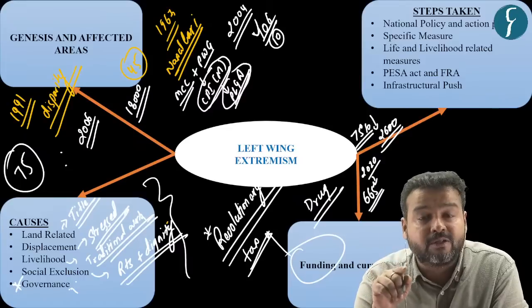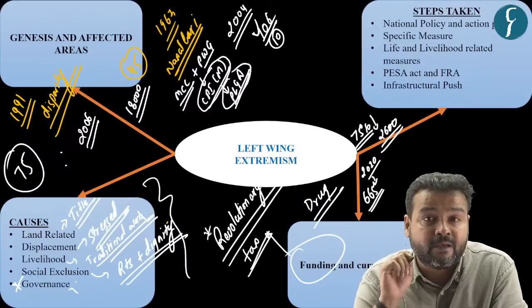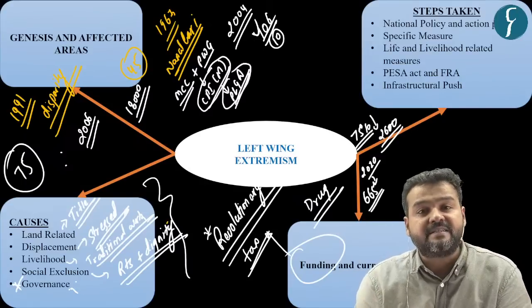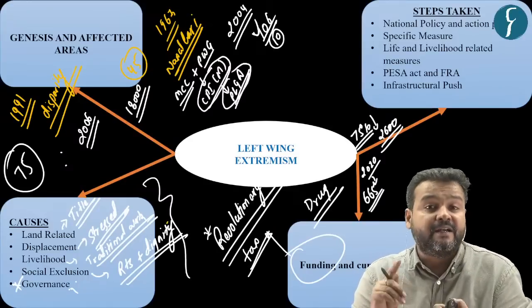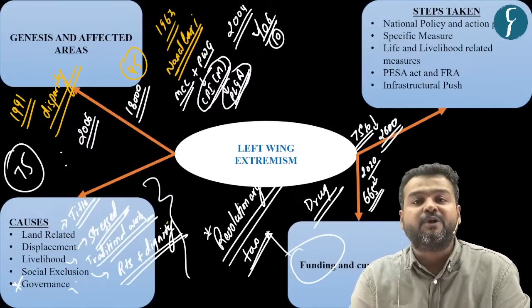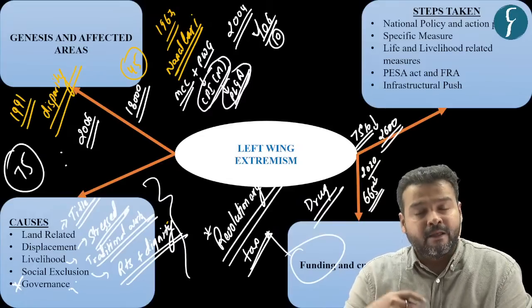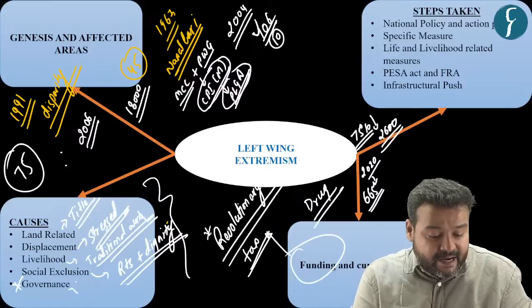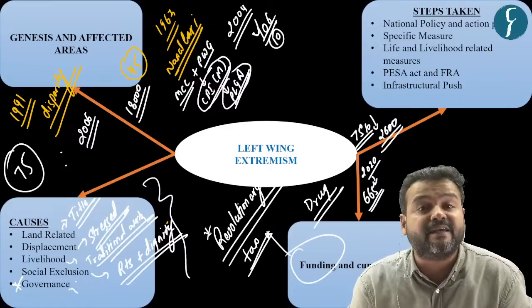And now the government is opting for that strategy, because now the government is taking up a multi-pronged strategy, which includes development, protection of civil rights, protection of human rights, and their concerns regarding their livelihood. Everything is being taken care of.